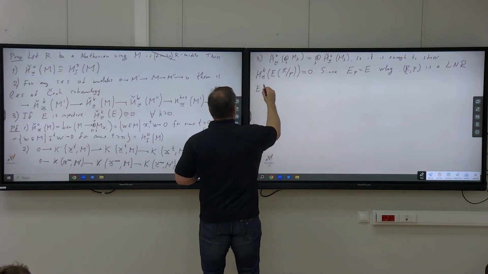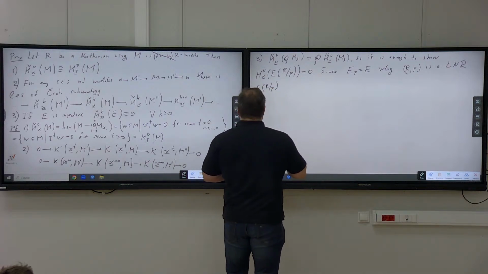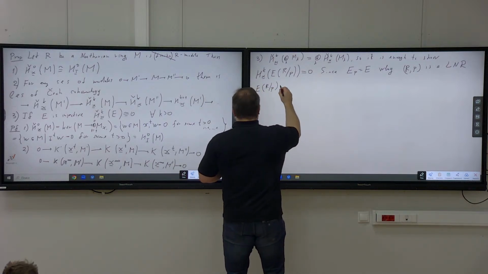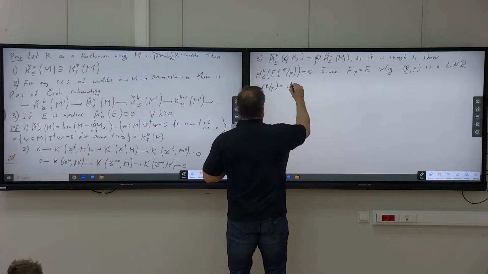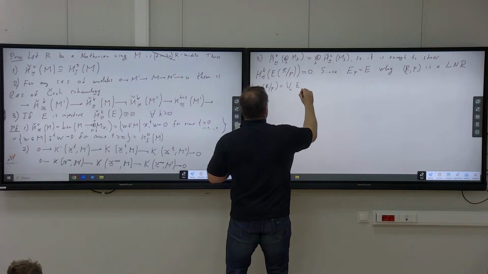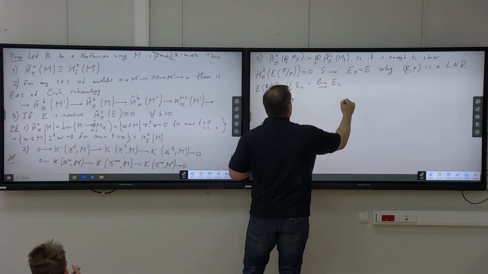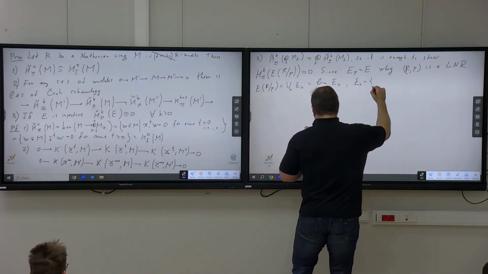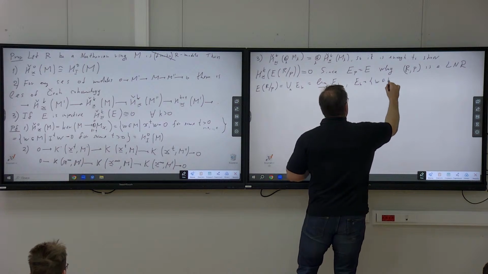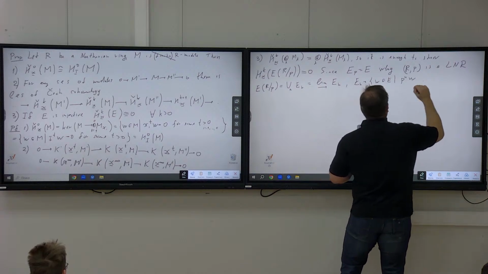And the injective hull, by what we proved in the lemma just before the statement, I can write as the direct union, or the direct limit, of the E_n. Here E_n stands for the elements in E such that they are annihilated by P^n.